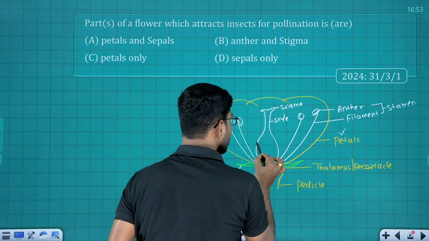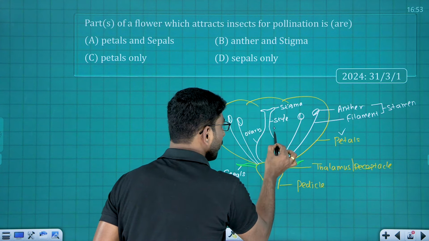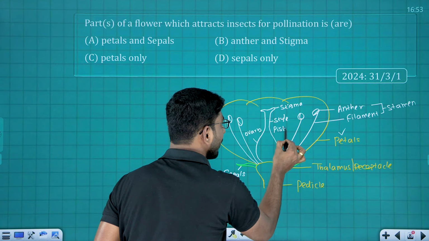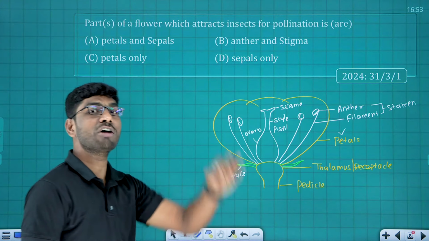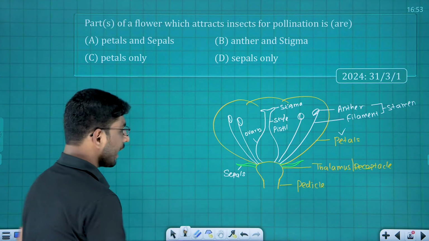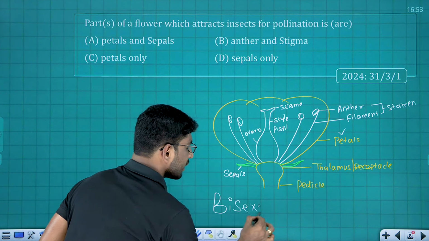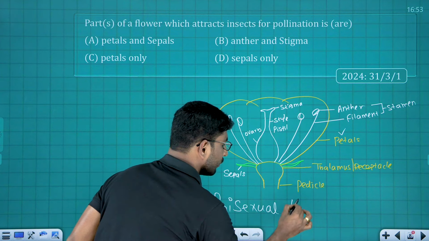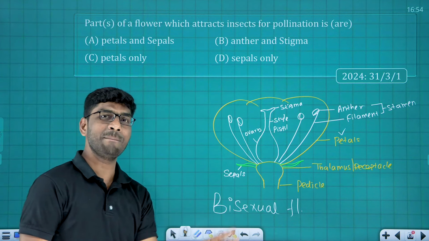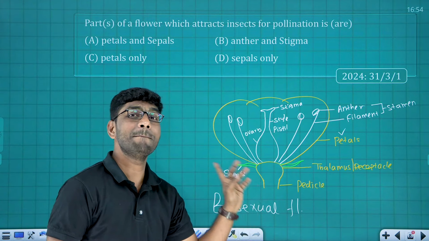And this swollen structure is known as the ovary. This whole structure we can call pistil or carpel, the female reproductive part. The whole flower we can write as a bisexual flower. Mustard is an example, China rose is an example. You can write these are all examples of what? Tell me.